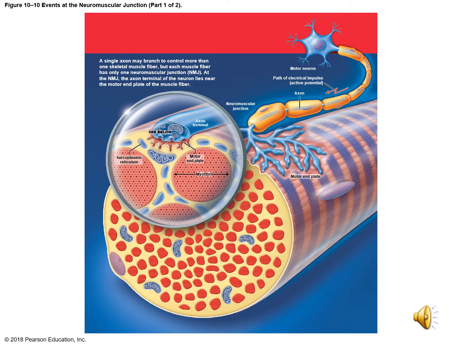It is filled with packets or vesicles of a neurotransmitter called acetylcholine. Neurotransmitters are released from the synaptic vesicle, and they make their way across to the muscle fiber and excite it. Some other types of neurotransmitters will not excite it.